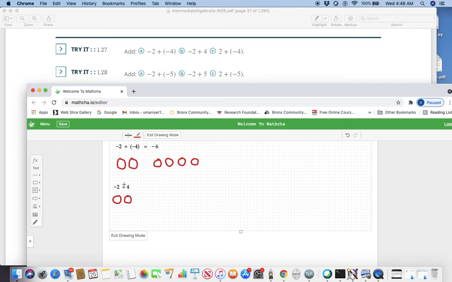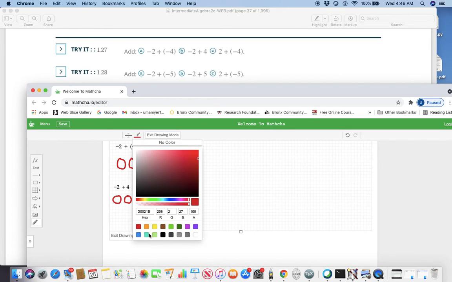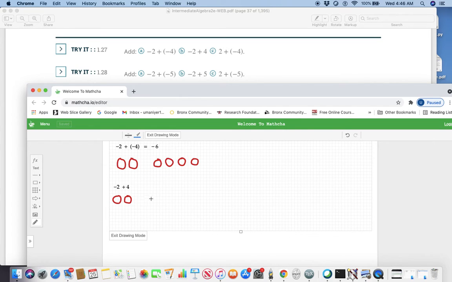I'm adding a positive, so I want blue counters. 4 blue counters. I better draw them underneath. 1, 2, 3, 4. So red for -2, 4 blue for the 4.